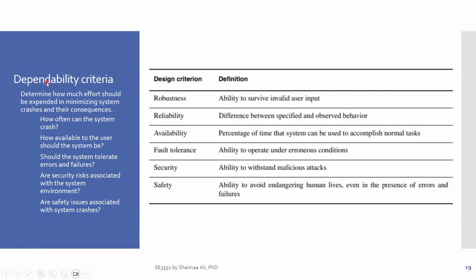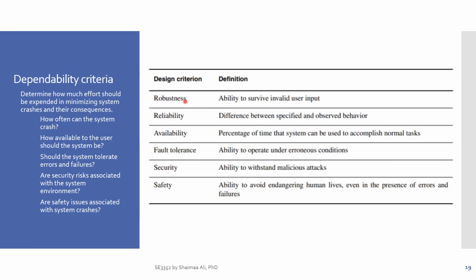All right, there is the dependability group of criteria. From the name, these are design goals or qualities related to how much you can depend on the system. Robustness is related to how your system is going to respond to invalid input, in other words, how you can depend on the system to stop the user from entering invalid input.